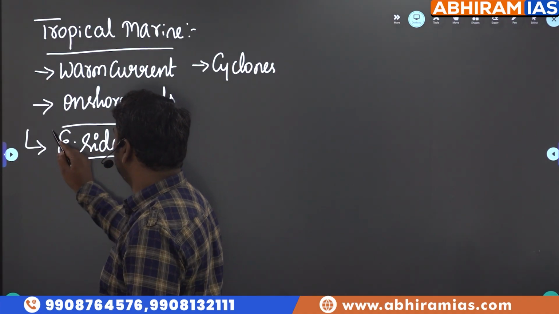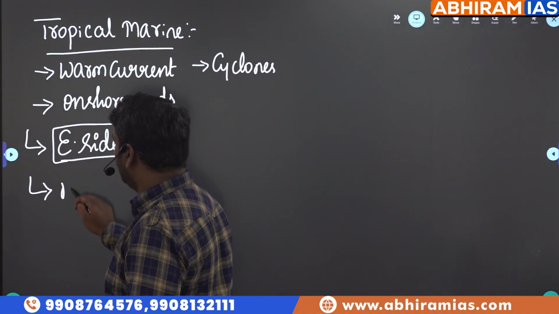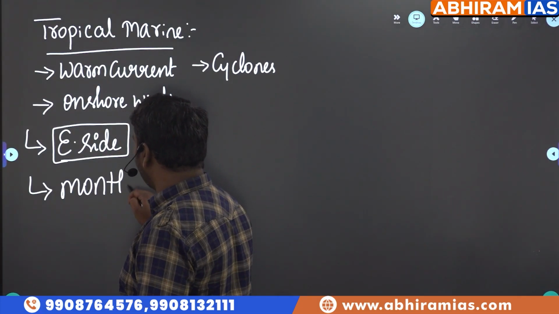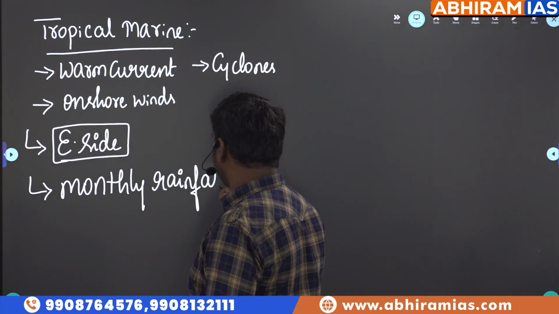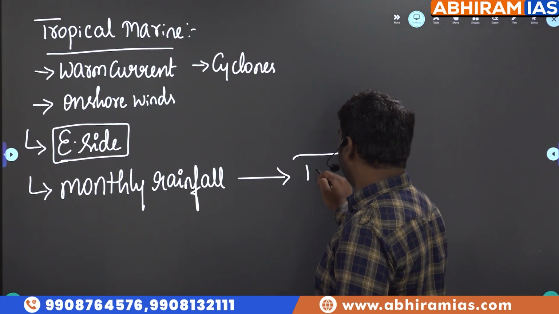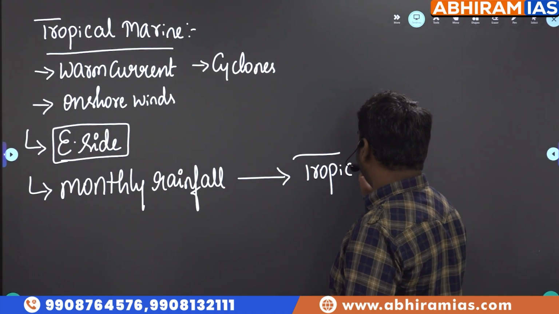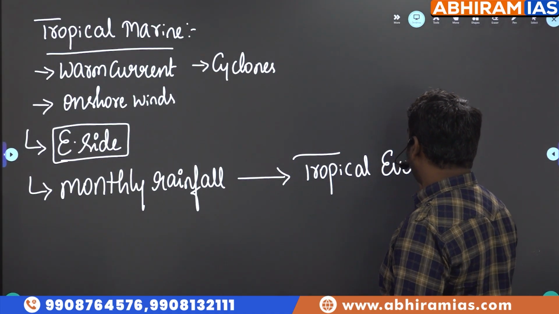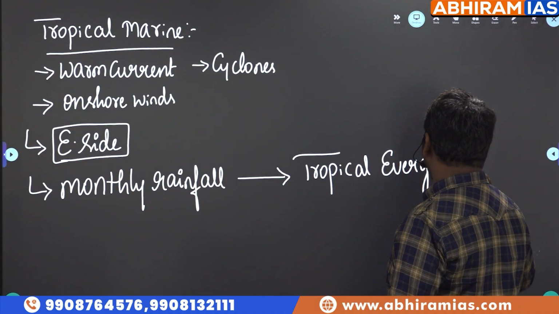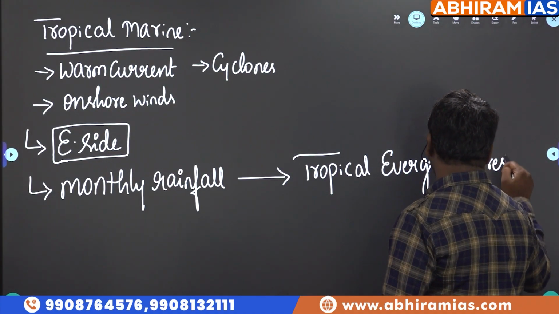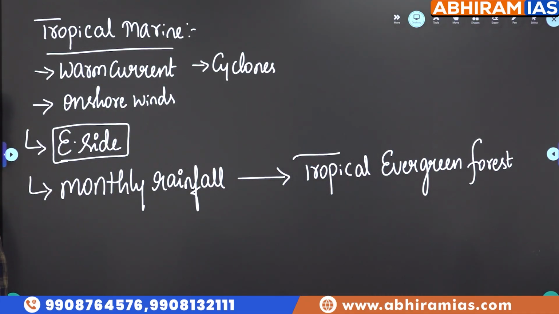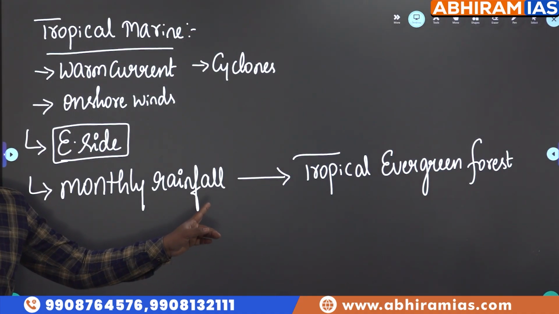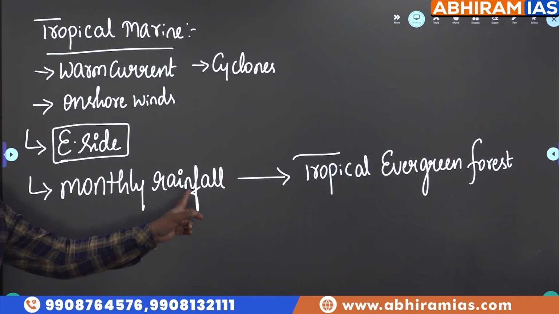Remember this word: monthly rainfall, not every day. Every month if you have rainfall, we normally say tropical evergreen forest, because this forest need not have epiphytes.